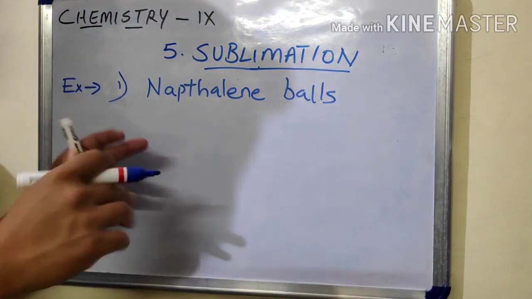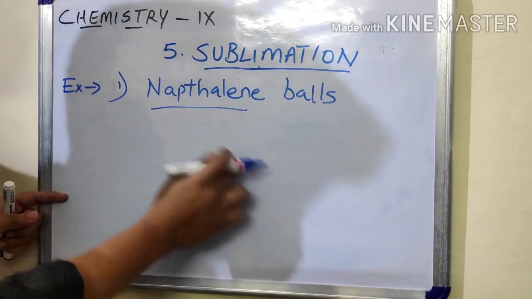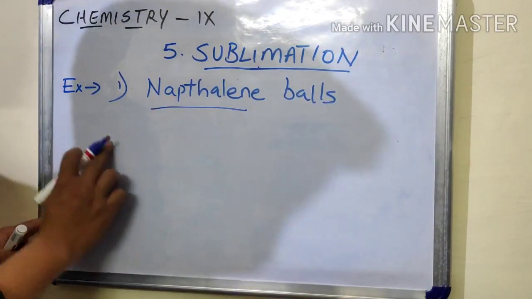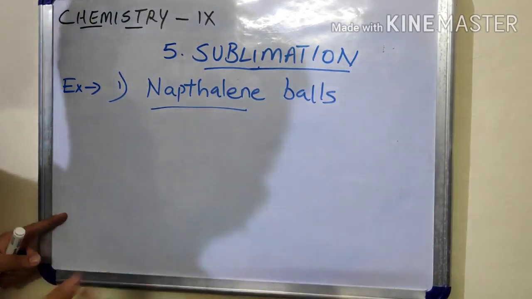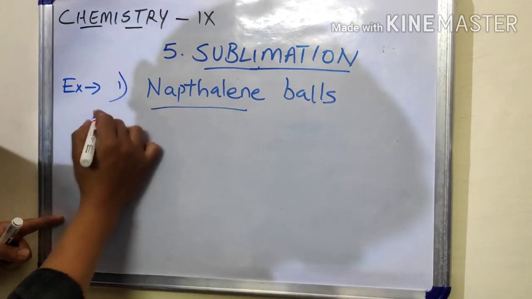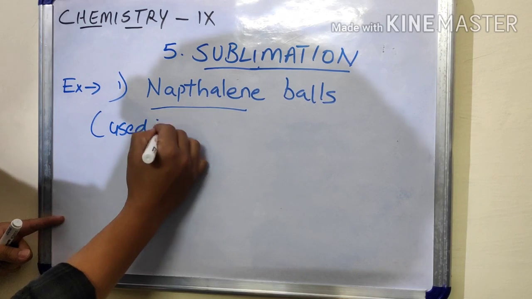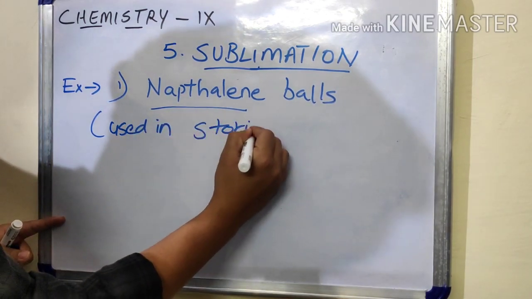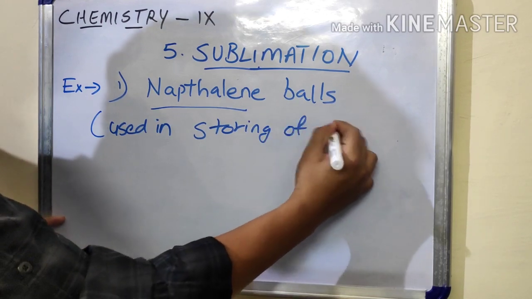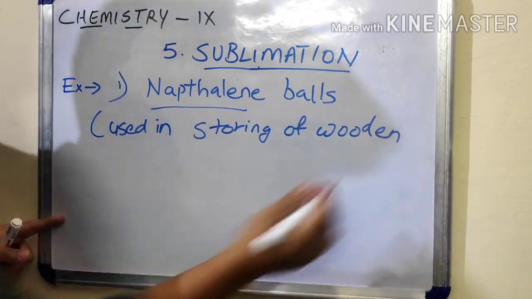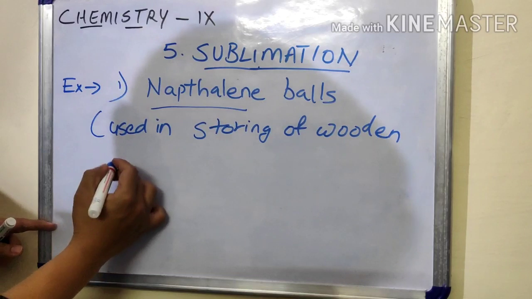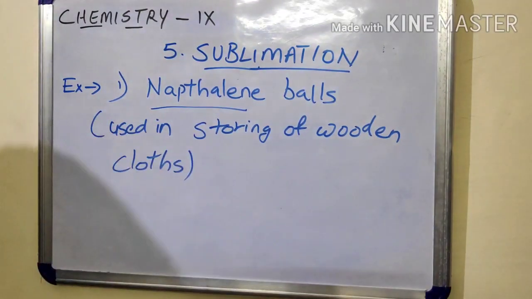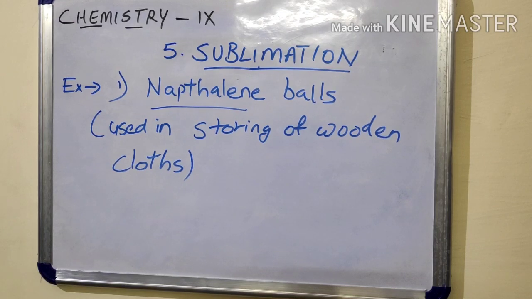So what happened is those naphthalene balls underwent the process of sublimation, and all of the naphthalene in those balls has directly evaporated into air. Naphthalene balls are used in storing of woolen clothes to save them from insects and other things. Okay, so this is your first example.